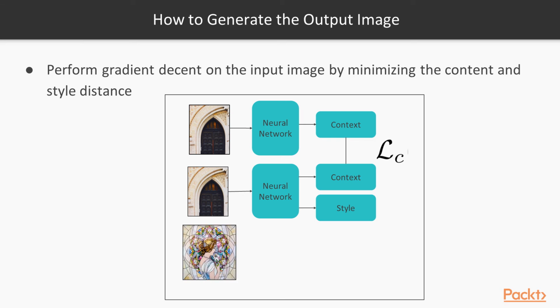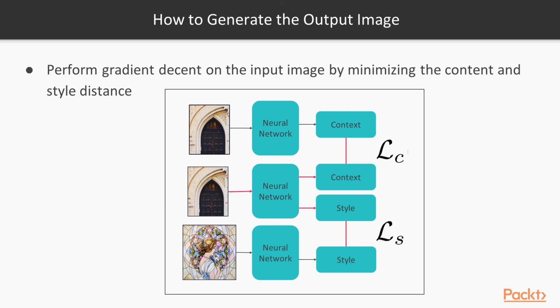We then pass the style image through the network just to get the style. Then we take a loss between the styles, a distance measure between the style of the input and the style of the style image, and similarly for the content image and the content of the input.